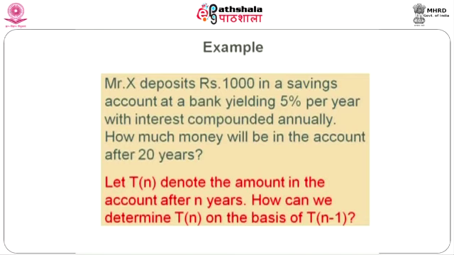If that is the case, then how much money will be there in the account of Mr. X after 20 years? Fine. So, now we have to get a compact equation to express this particular solution. That is what we are calling the recurrence equation.